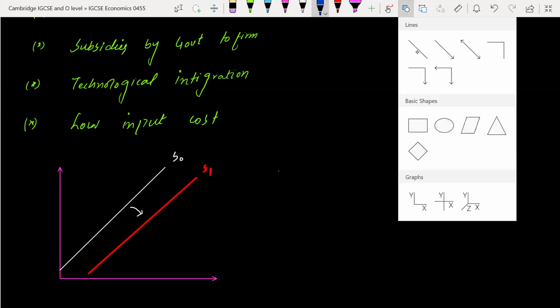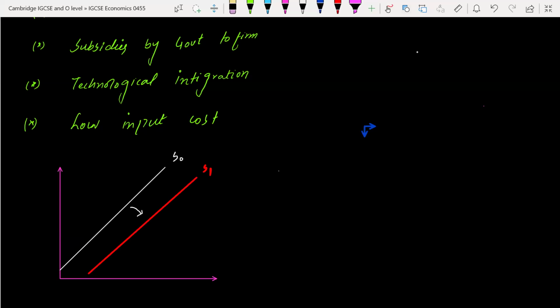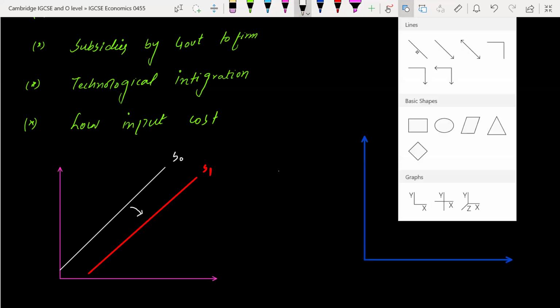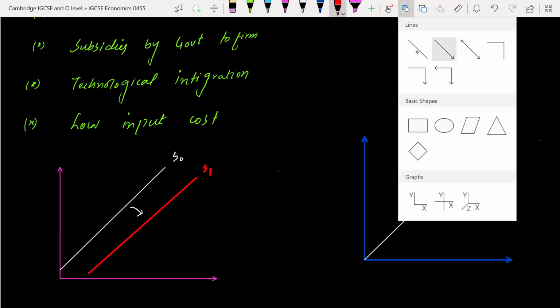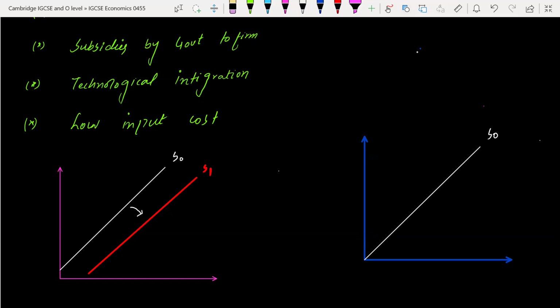When I make a decrease in supply, it will be like this. For example, one supply curve already exists here, S naught. If there is a decrease in supply, the new supply curve will be on the left side.